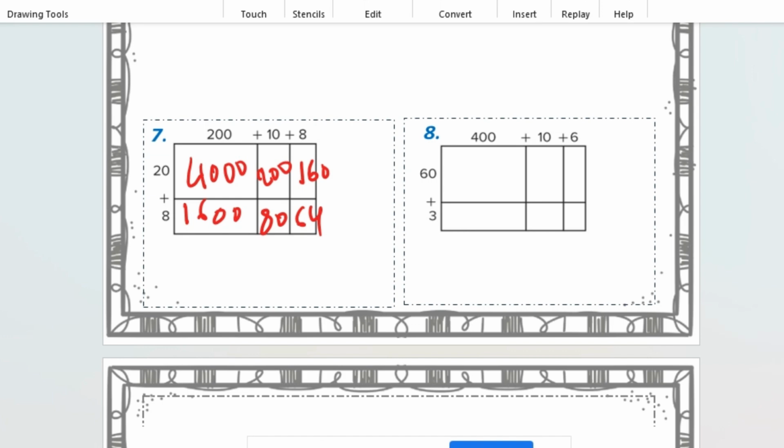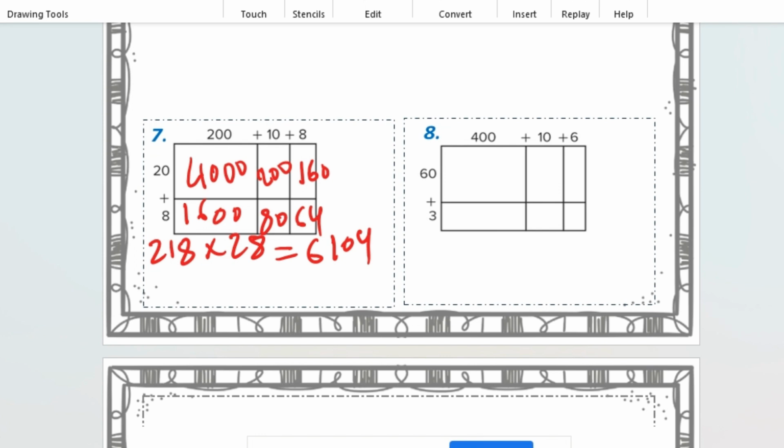So 200 plus 10 plus 8, it will be what? 218 times 20 plus 8 is 28. This will equal what? We add these partial products, which will be 6104.